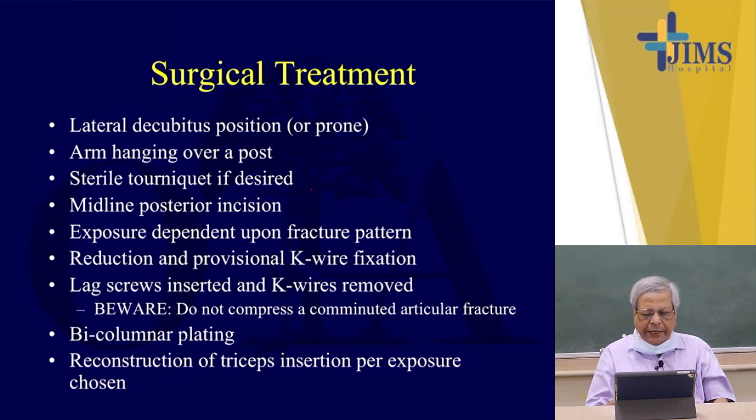Reduction and provisional K-wire fixation, lag screws inserted and K-wires are removed. Bicolumnar plating, that is plates over both the medial column and the lateral column. Then reconstruction of the triceps insertion, that is olecranon, by maybe tension band wiring or others.